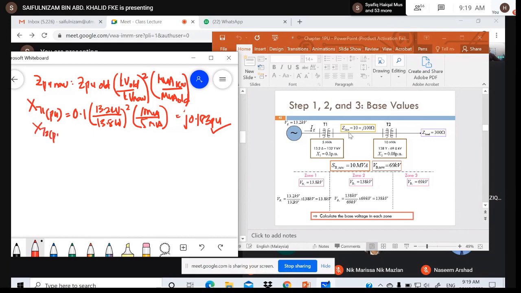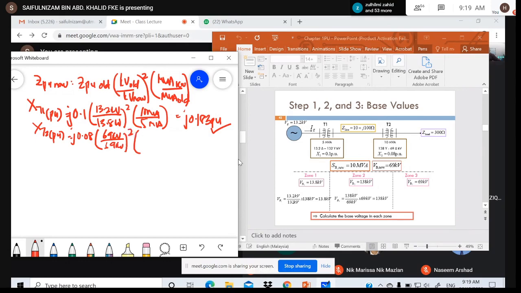X T2 PU equals j0.08. Don't forget j. For the old base voltage, let's say I choose the secondary, which is 69. The new base voltage at the secondary is 69 as well, so you can cancel.